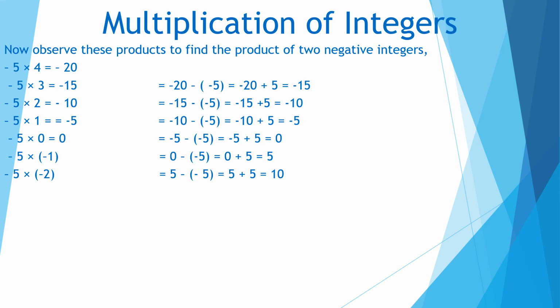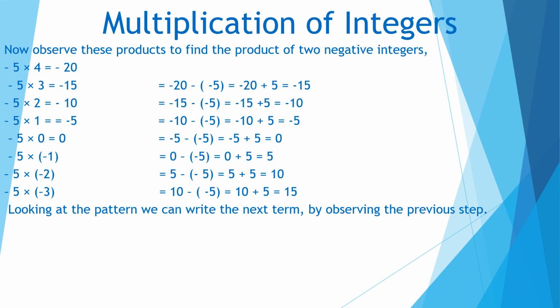Minus 5 multiplied by minus 2 will come out to be equal to 10, following the pattern above. Similarly, minus 5 into negative 3 is written as 10 minus minus 5, which will come out to be 15. So here we observe that when we multiply two negative integers, the product is positive.